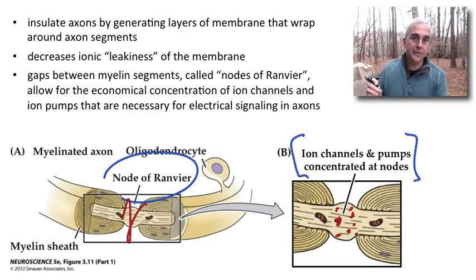One would have to have channels and pumps along the entire length of that axonal membrane in order to keep that electrical signal propagating. But with nodes of Ranvier and myelin segments between the nodes, we can be much more efficient, both in the electrical properties of the conducting tissue, but also in the biosynthetic requirements to create that machinery that's necessary to generate those signals. So these are all great advantages of having myelin insulating axons.